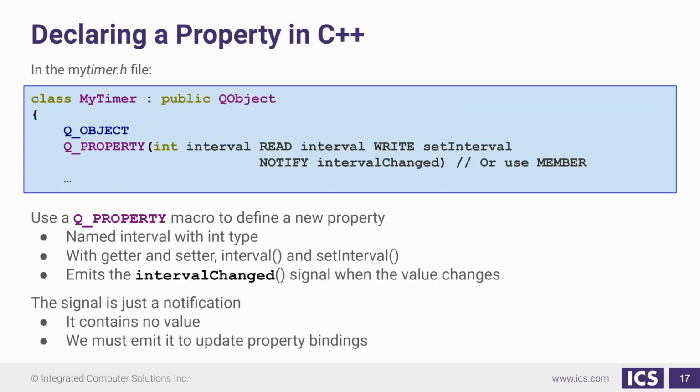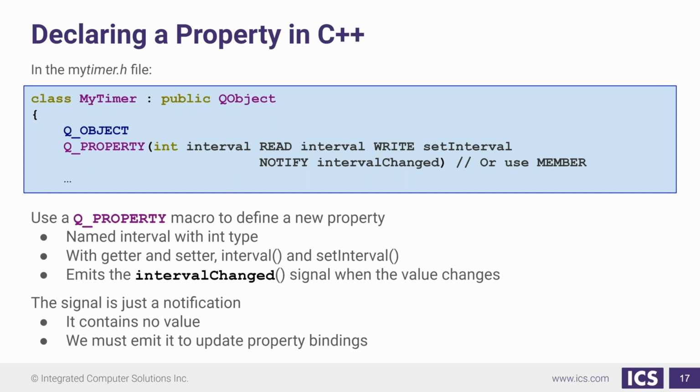The first thing I want to do is I'm going to add a property here. So right before the public section, I'm going to put Q_PROPERTY, parentheses, type, property name, READ, getter function, followed by either a closing parenthesis, or optionally, I'm going to have a WRITE with the setter function and a NOTIFY with the signal that's emitted when it changes.